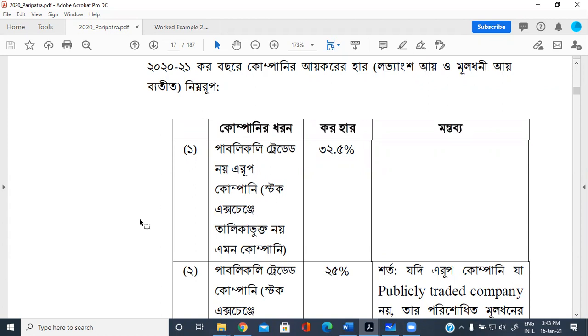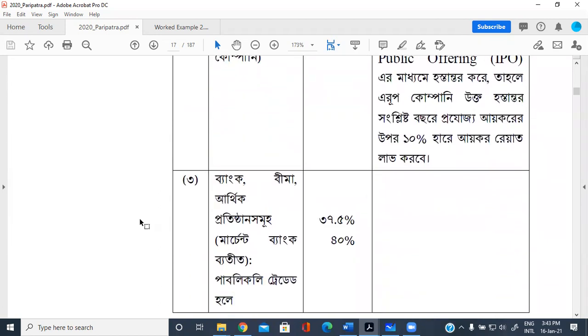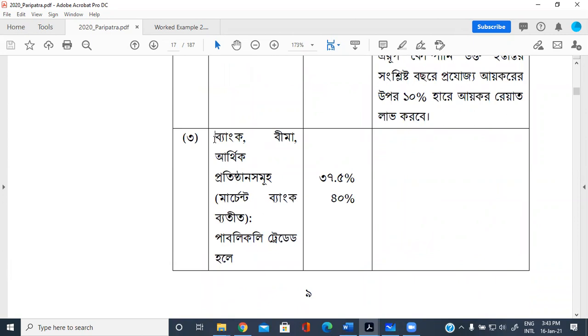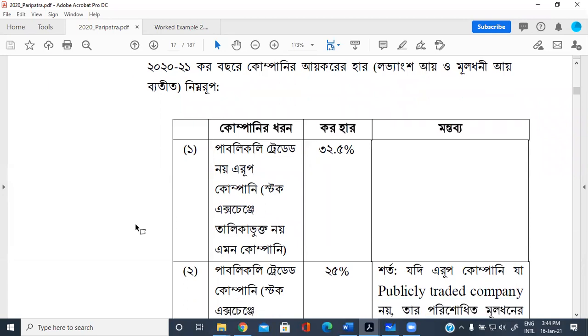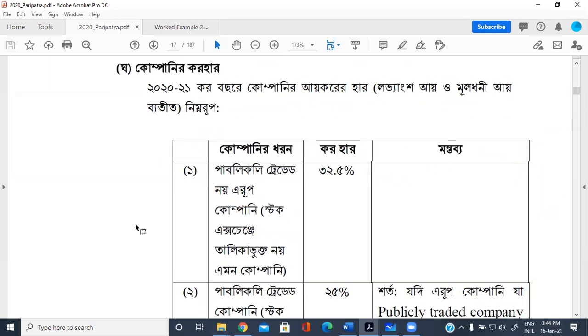There are some banks, most probably. Banks? For banks, the rates are different. Just think of a company which is not publicly traded and is not a bank, financial institution, tobacco manufacturer, or any other special category of company. Sir, Purbani Fashions Limited.